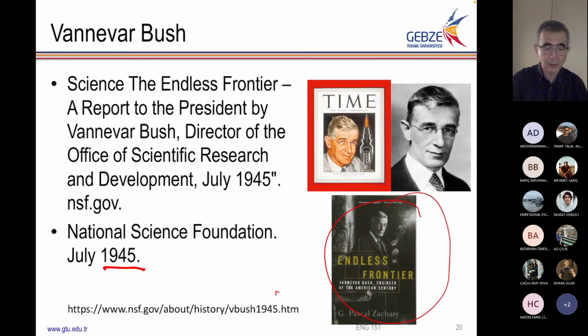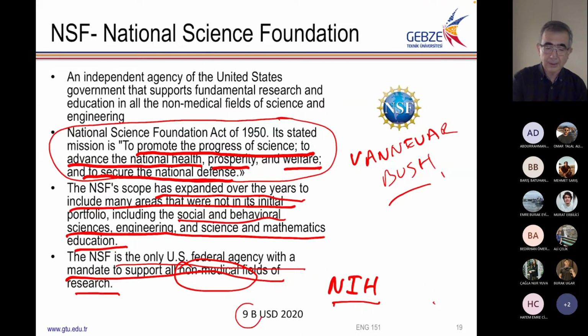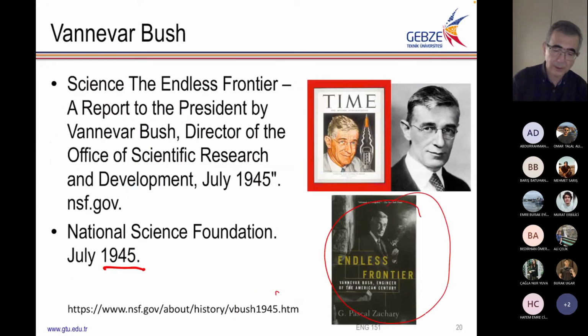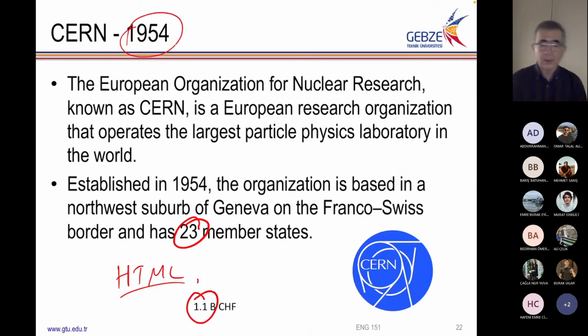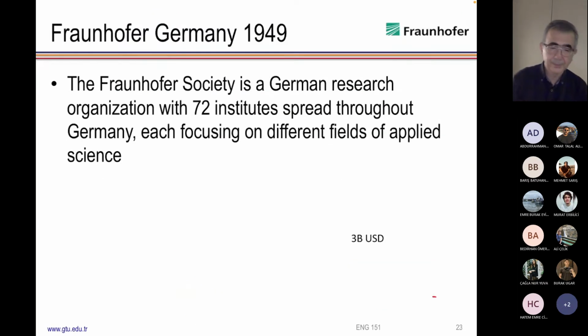In the United States, $9 billion US dollars. CERN, 1.1 billion Swiss francs. Fraunhofer in Germany, similar to TÜBİTAK of Turkey, 3 billion US dollars.